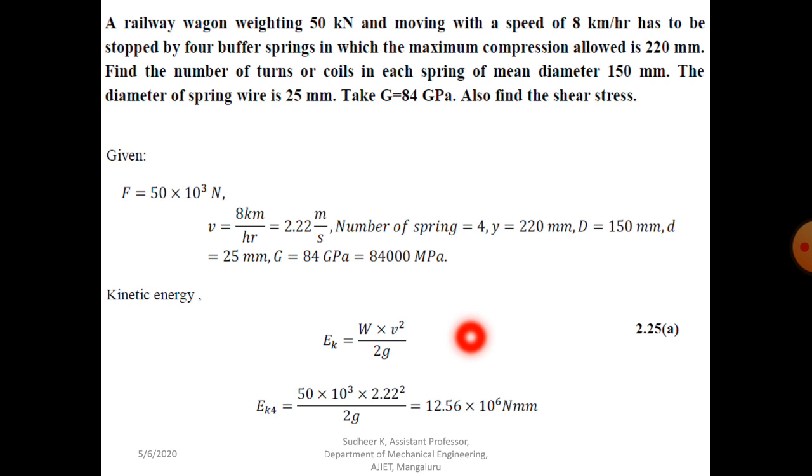Whatever the energy, it will be distributed. That's why we have to find it for 4 springs. So the W value is given, that is 50 into 10 to the power 3. W is nothing but the value of F, both are the same, and V is 2.22 squared divided by 2G. So you will get 12.56 into 10 to the power 6 Newton millimeter. So that is the kinetic energy for the buffer spring, because that is what it will absorb.